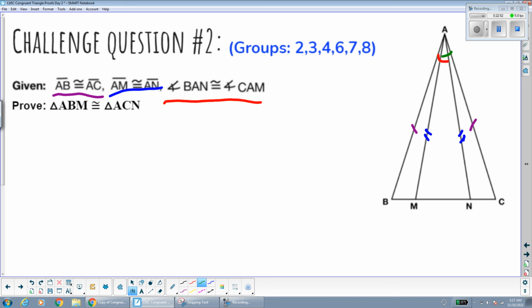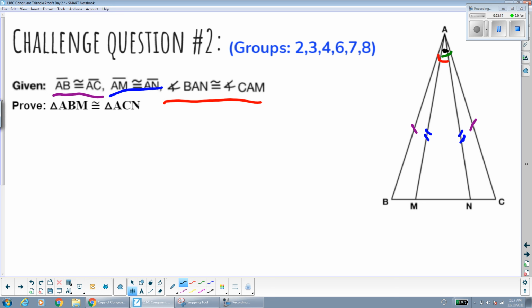So notice how this red angle is not inside that small left triangle, it's too big. And this green angle is not inside the small triangle on the right, it's too big. So in order to make it smaller, you could subtract the shared part of the angle. So that would be angle MAN.